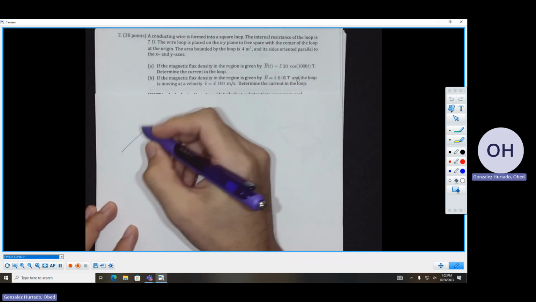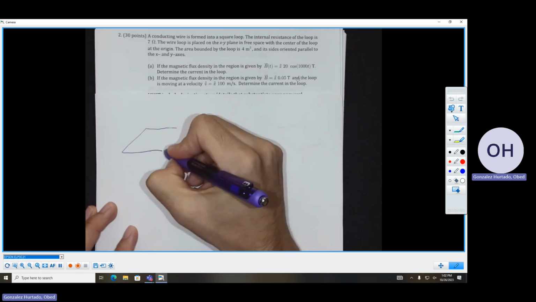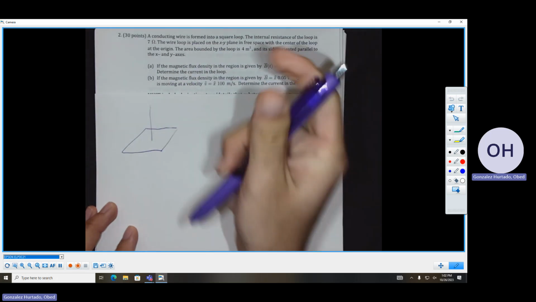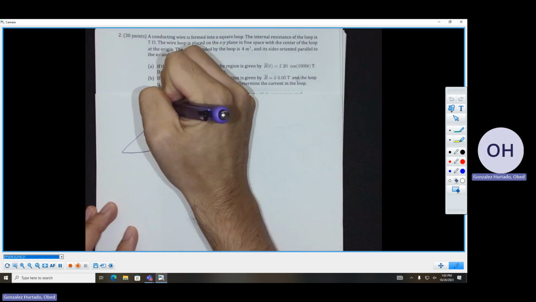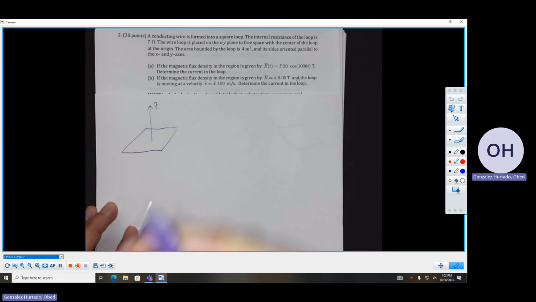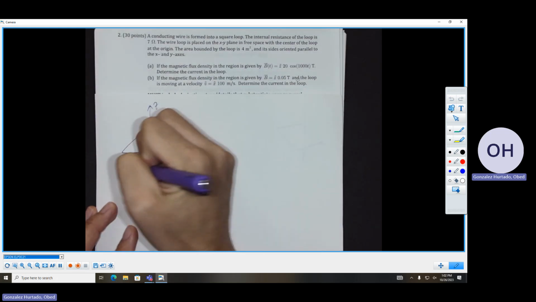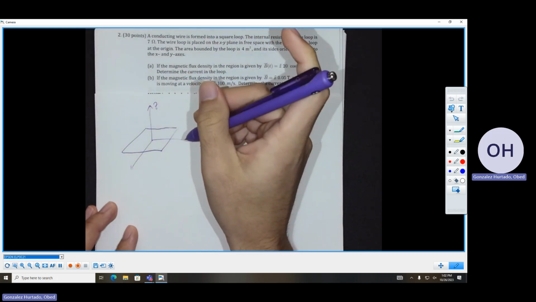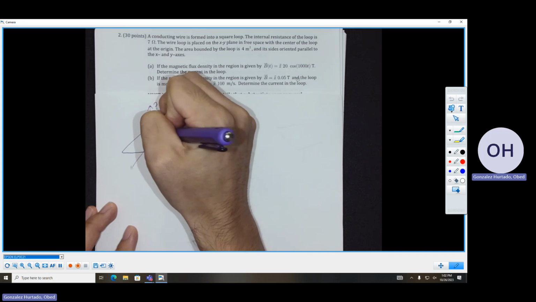I should have started with the square. Why am I using purple? Poor purple.